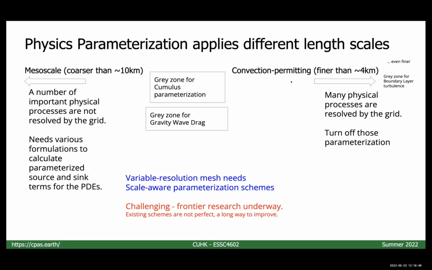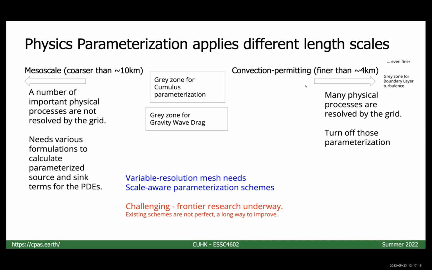And then for the part of the mesh that uses a fine resolution, many physical processes are resolved. And for this fine resolution, if you turn on this parameterization, that would be incorrect. So you have to turn off those invalid parameterizations.